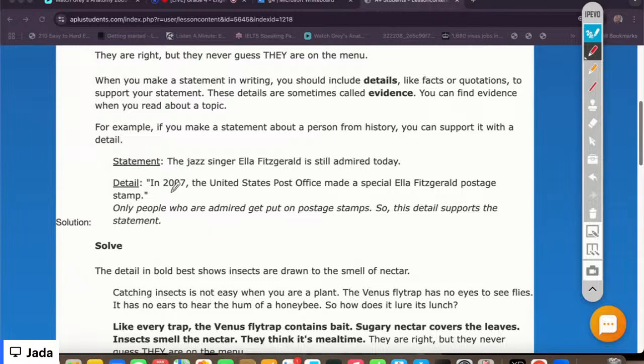Now, the detail will be: in 2007, the United States Post Office made a special Ella Fitzgerald postage stamp. So only people who are admired get put on postage stamps. So this detail supports the statement. Because the main statement is that this particular singer is admired, and this detail helps us know why she's admired, and it gives us more information as to the reason why.